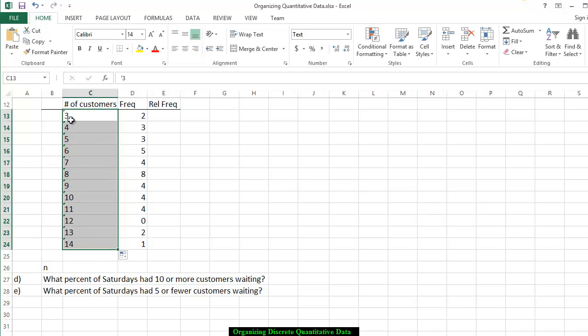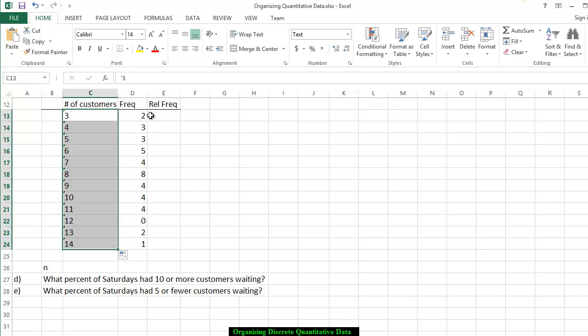And there we have the wait time for 3 customers up to 14 customers, and the frequencies I've already filled in the chart: the number of times 3 customers had to wait, the number of times 8 customers had to wait, and the number of times 14 customers had to wait.